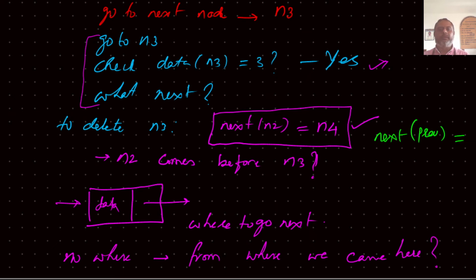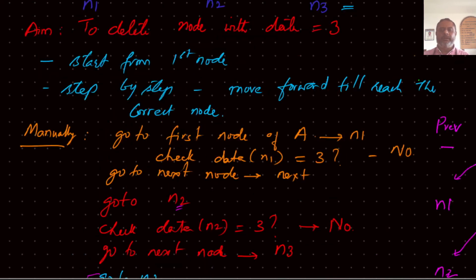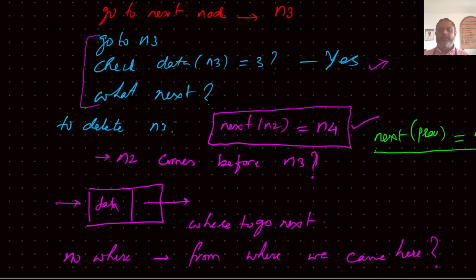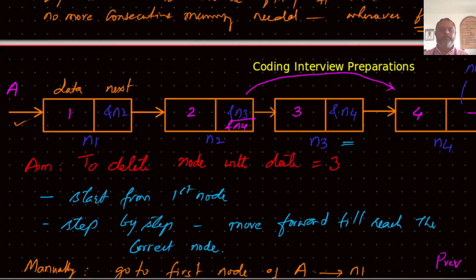We can simply say it is next of current. So next of previous is made equal to next of current. This was current, this was previous, and this was our next.